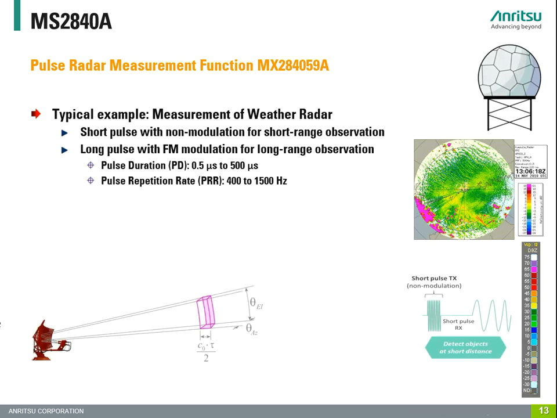In the next couple of slides, we want to have a closer look into weather radar operation. Here, we see the use of a short pulse for short-range observations. In parallel, we see also moderately long pulses that are using a so-called intra-pulse modulation, also called frequency chirp.